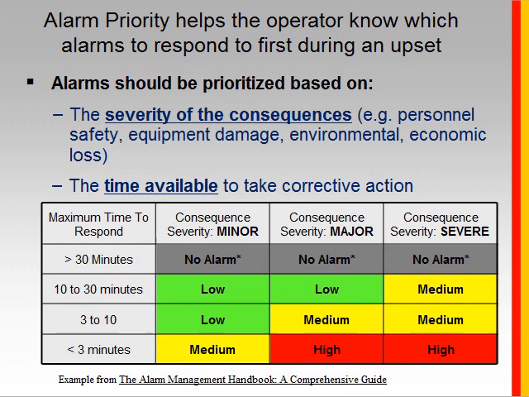You can see according to this matrix that if the consequences are severe and the operator has minimal time to respond, in this case less than 3 minutes, some people would say that that should be a high alarm. Other people might say there's no way that should be a high alarm, that's crazy.